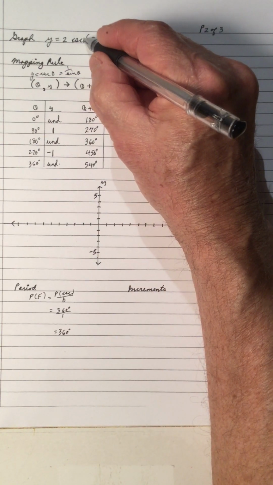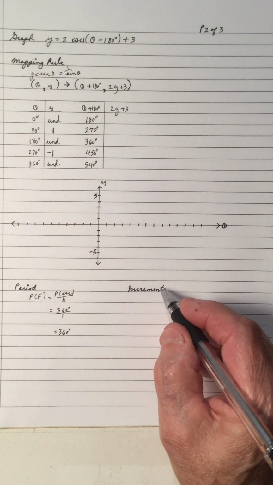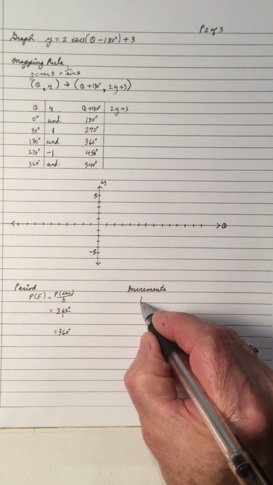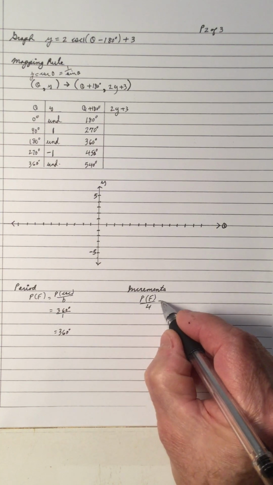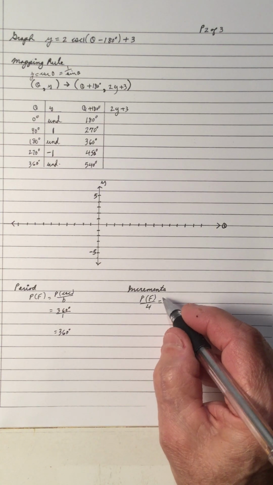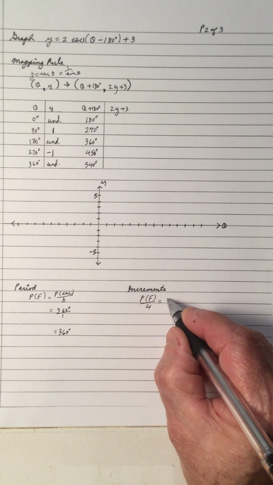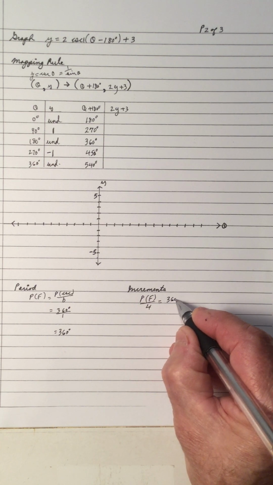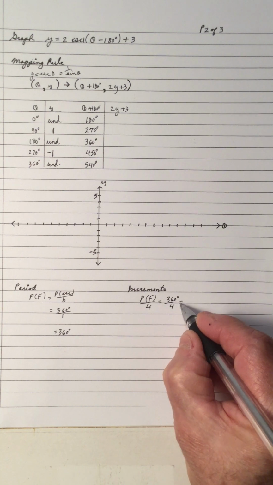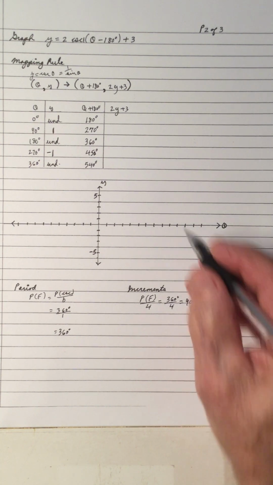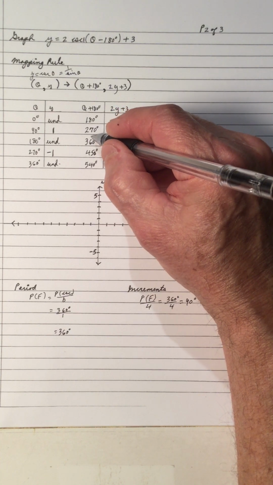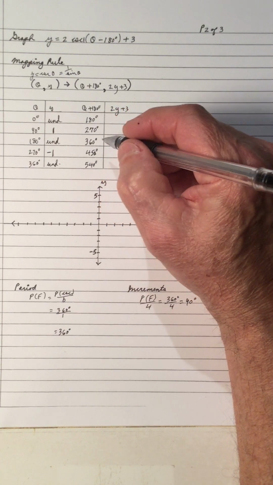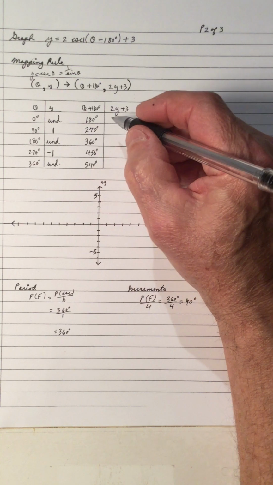B is this value right here. And the increment is the period of the function divided by 4. It's the period divided into 4 equal parts. So 360 divided by 4, the increment in the table of values is 90. And you're adding on 90 each time as we go here. So that looks like it's okay.